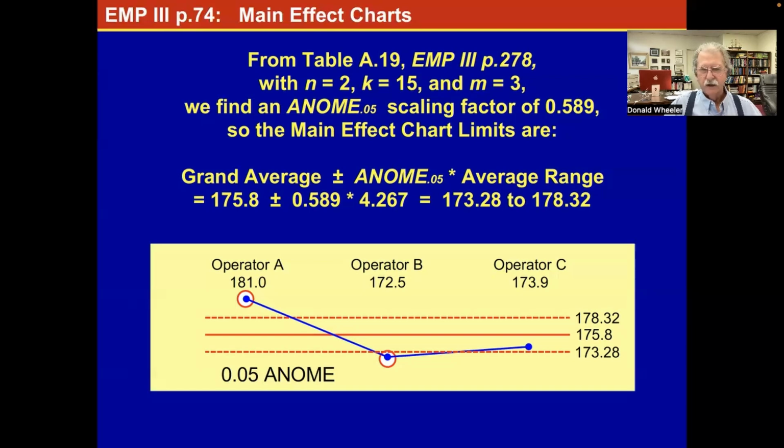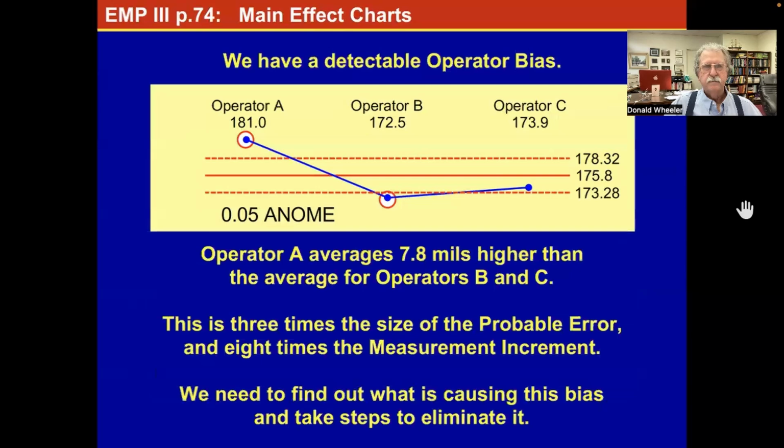Operator A is detectably different from B and C. We have a detectable operator bias. Operator A averages 7.8 mils higher than the average for operators B and C. This is 3 times the size of the probable error and 8 times the measurement increment.